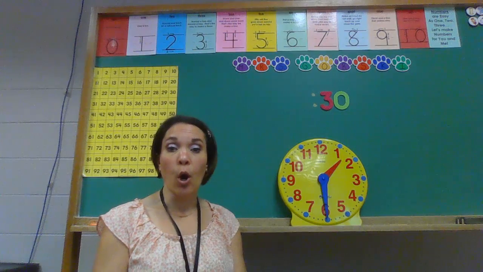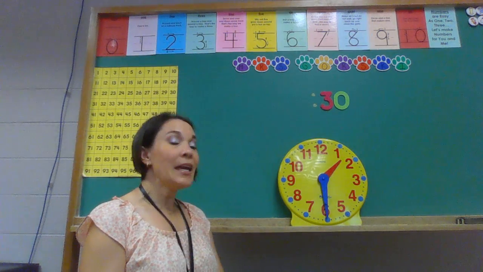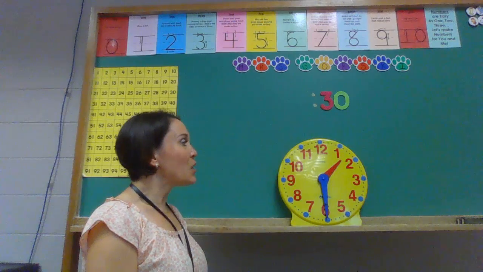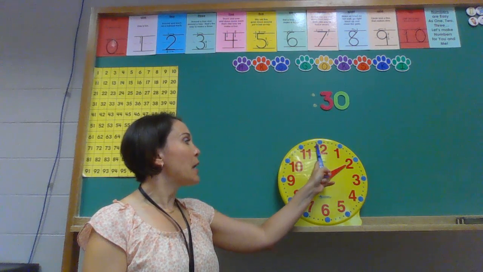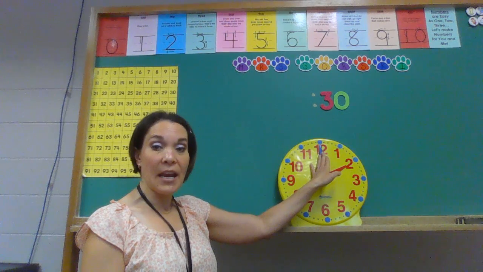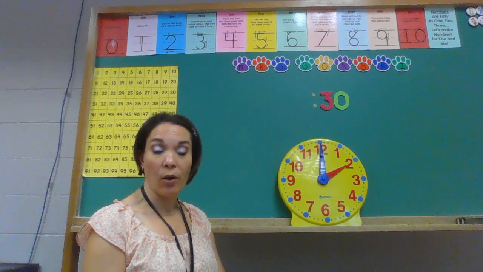Now, the last time we talked about time, we were talking about to the hour only. If you notice, my analog clock is looking a little different than what it did when I first came to you with the time video. Since it was to the hour, our minute hand, our big hand, was pointed to the 12.